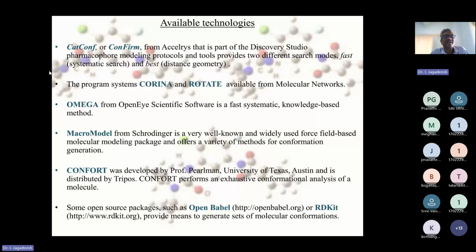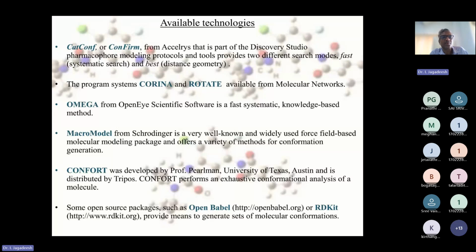So CAT Confirm and Confirm, that is from Accelrys, is a part of the Discovery Studio pharmacophore modeling protocols. The tool provides two different search modes: a fast systematic search and distance geometry, where we change the bond lengths based on individual atoms.